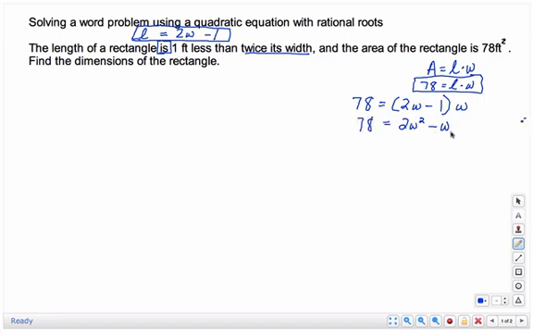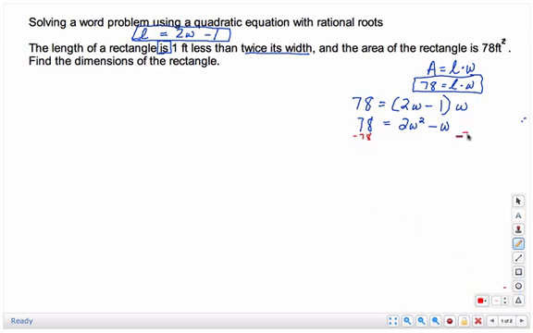Now when you're looking at this equation, you want to see that it's a quadratic equation. When you have a quadratic equation, you need to solve for the variables. You need to get everything on one side of the equal sign so it's equal to 0, and we can use the zero product property. So in this case, we're going to subtract 78 from both sides.